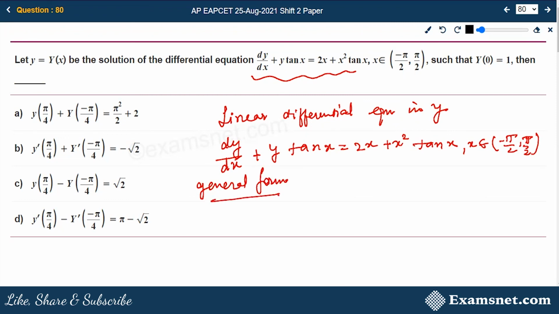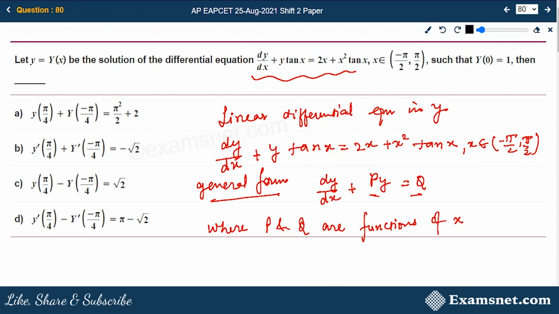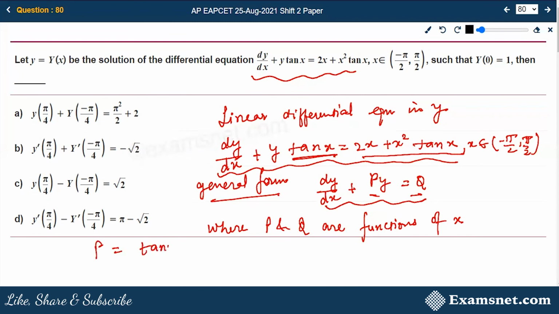The general form is dy by dx plus py is equal to q, where p and q are functions of x. Comparing them, you will get p is equal to tan x and q is equal to 2x plus x square tan x.